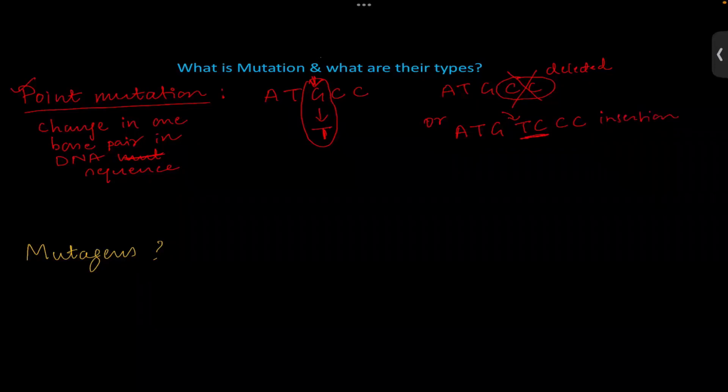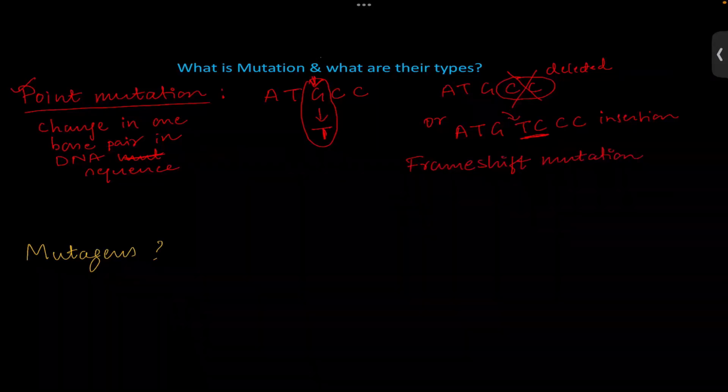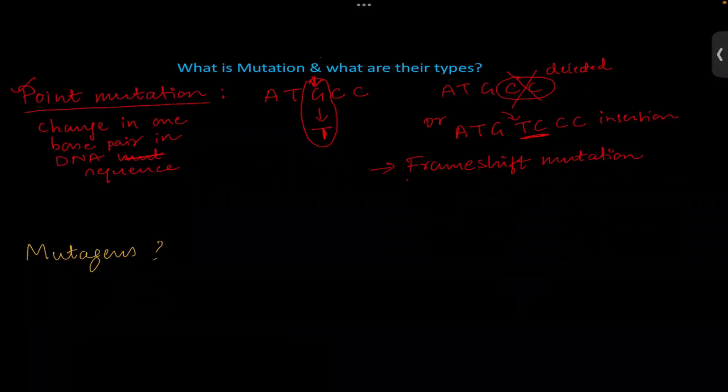The meaning of the sequence completely changes. When this happens, it is called frame shift mutation. So these are the two major types of mutations. You will study in more detail how frame shift mutation is happening, or how point mutation comes into play at the protein level, in the next chapter.